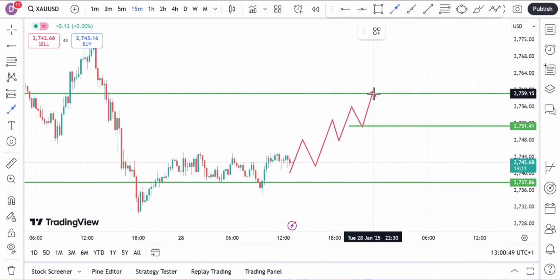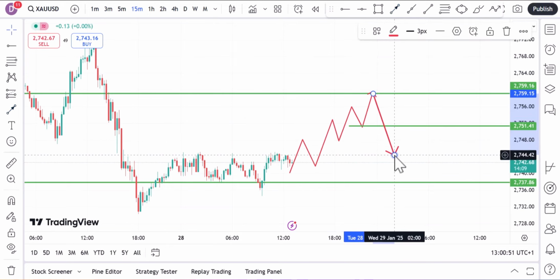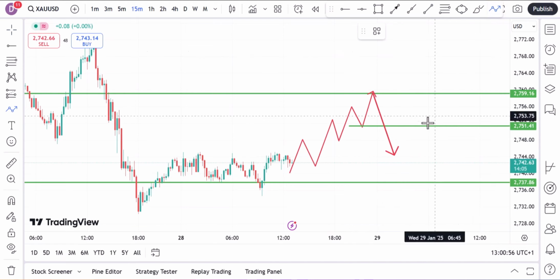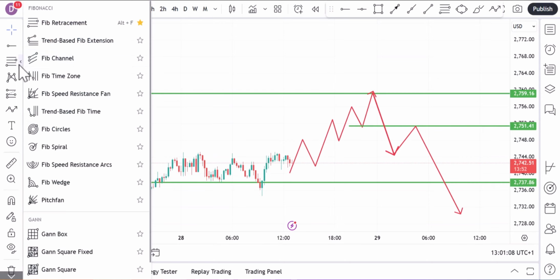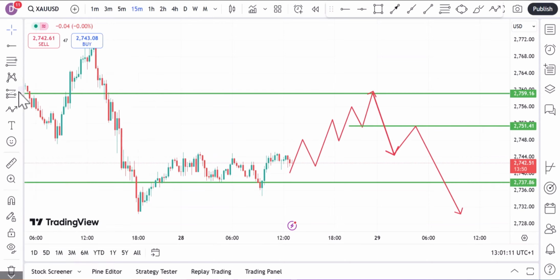So what I'll be looking for is the market to break this higher low and go back for a retest. Immediately it gets there, I'm going to be in this market, and I'm going to set my targets.